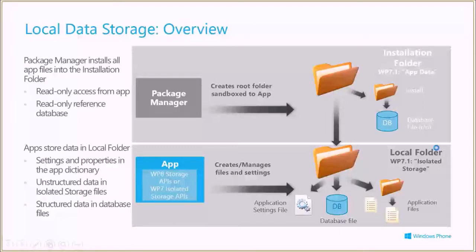On Windows Phone 7.1, the installation folder used to be called app data, and the local folder used to be called isolated storage. If you have never worked on files and storage in Windows Phone 7.1, then good for you. I think it's going to be easier for you because it's going to be new.